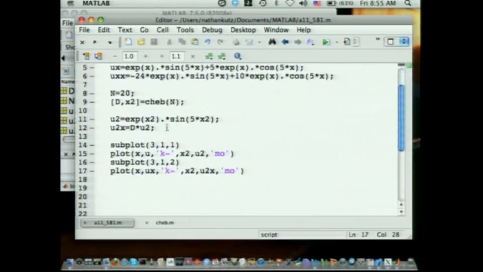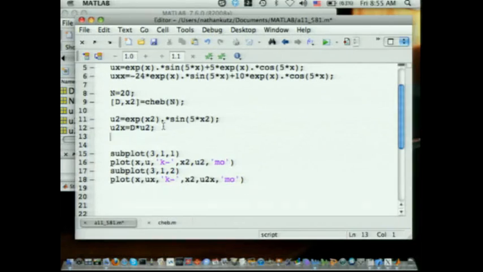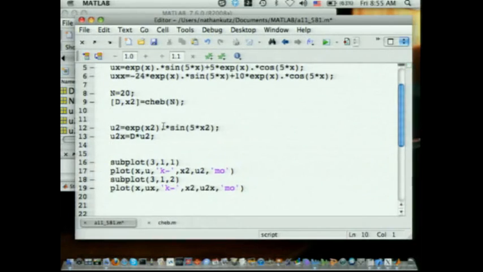Okay. Now let's do 2 derivatives. That's pretty easy to do. If you want the second derivative matrix, let's call it D2, it's just D times D, or D squared. Then we can get U2xx is D2 times U2.